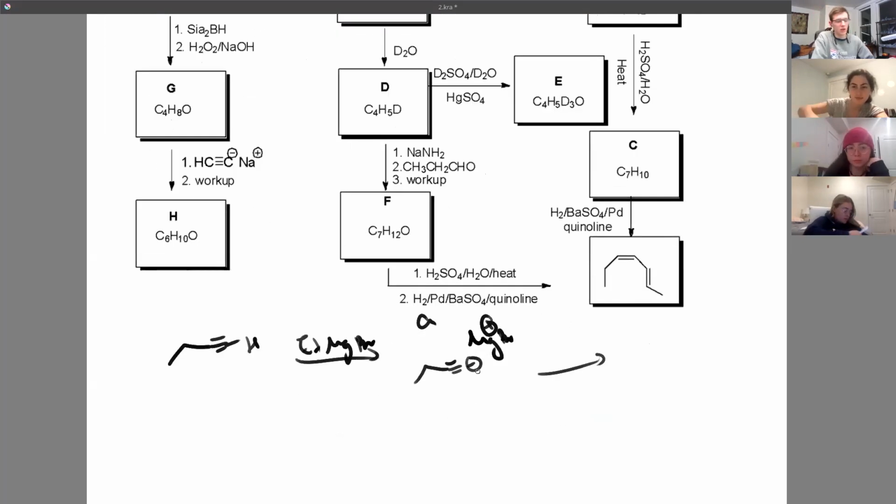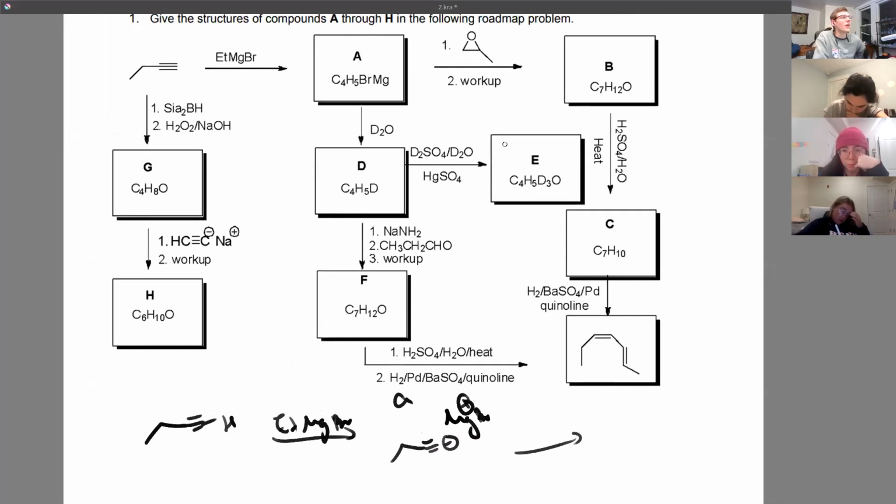So now we have this acetylide, or triple bond minus with extra stuff, whatever you want to call it. And we're given this epoxide. So is this an acidic or a basic epoxide opening?